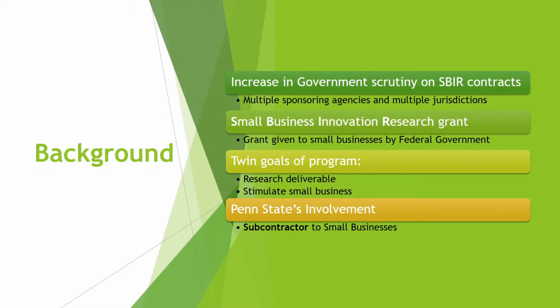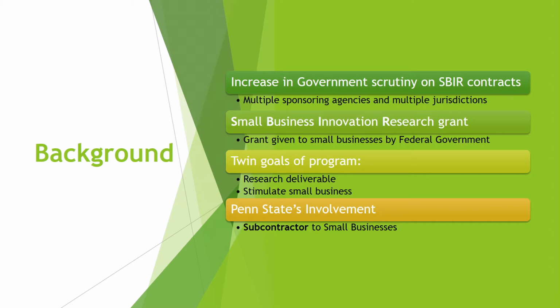So as we likely know by now, the SBIR program, SBIR grants, are grants given to small businesses by the federal government. And there are two goals of the SBIR program. It's 1, for the government to receive the research deliverable, and 2, to stimulate small business.